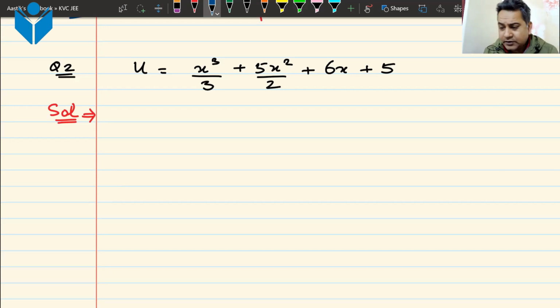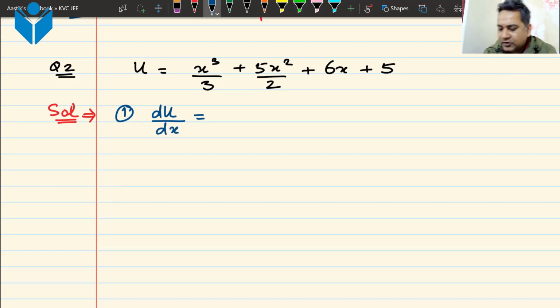Okay. Whosoever has done, who had given me the answer? Beta, what is your name? Krishna Chaitanya. Hi, Krishna. Tell me what are the steps of solving this question. What is step number 1? How did you solve it? du by dx, sir. The first thing that we do is find out the derivative of this entire function.